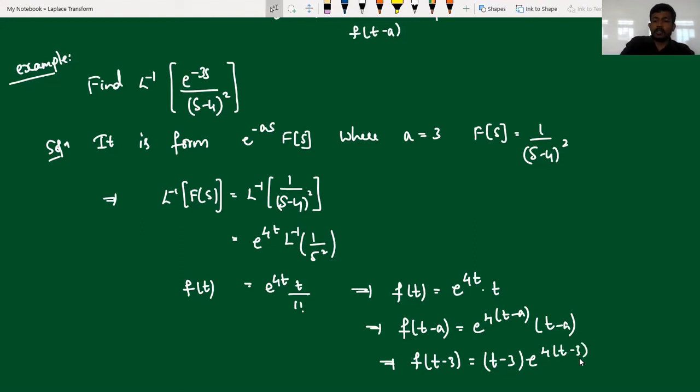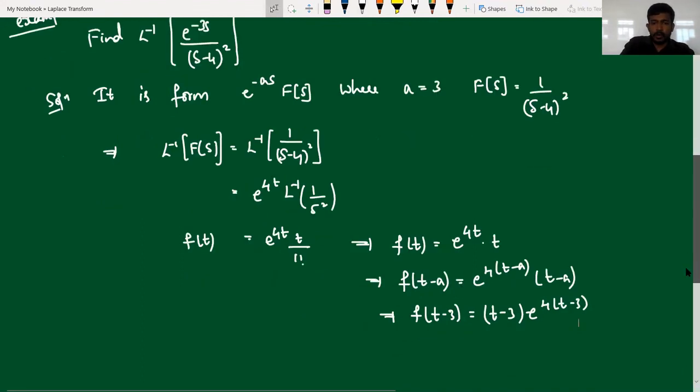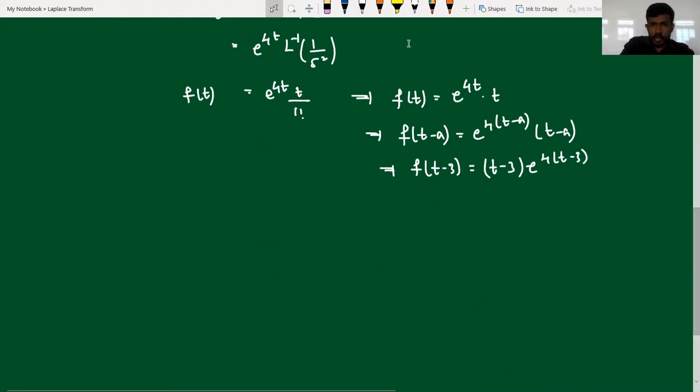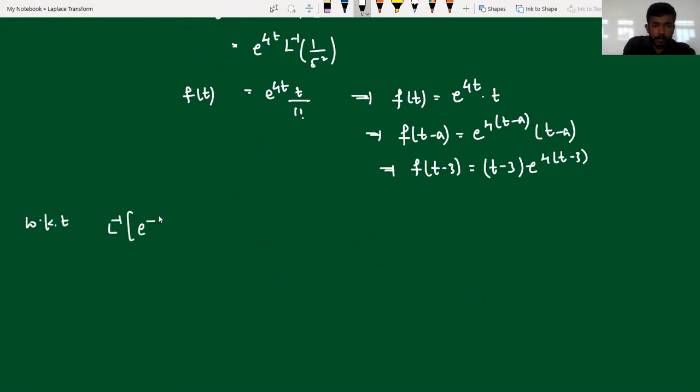Now I make use of the property. What is the property we have? The inverse transformation of e power minus as into capital F of s is given by f of t minus a into u of t minus a. I substitute the values now.